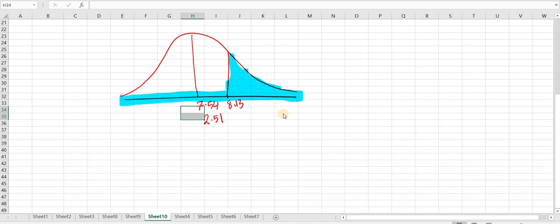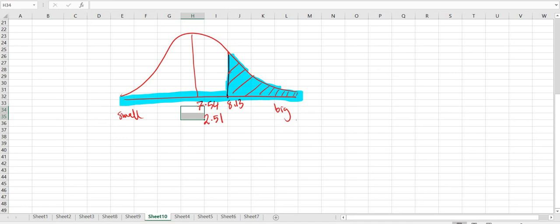So this is the area that represents that. And the numbers go from small to big here because this is just a number line. So this is 8.13 or more. Now, to find the area to the right of a number, we can't do that directly with the normal distribution function. But we can find it anyway using this formula.